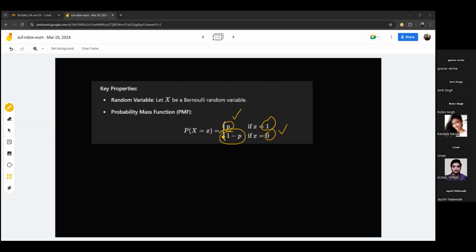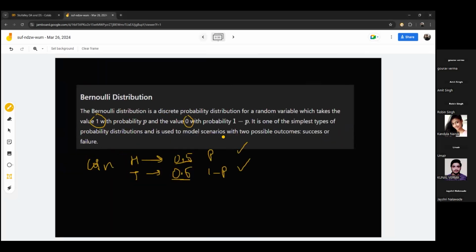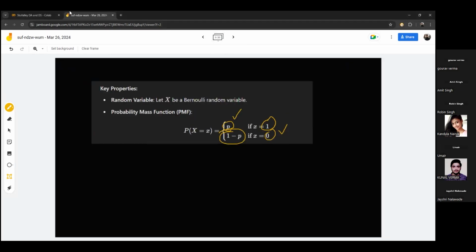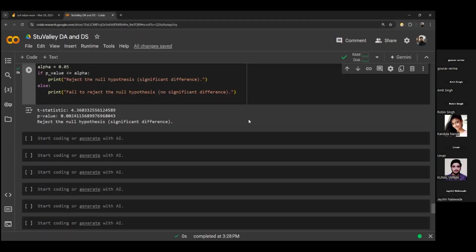Very easy. Let's do it with the help of Python.